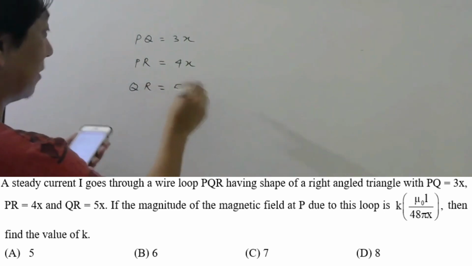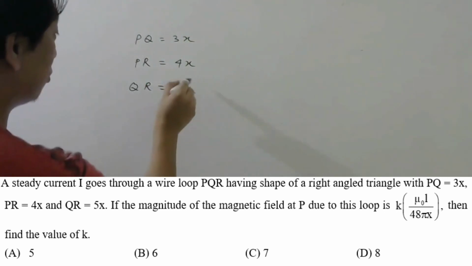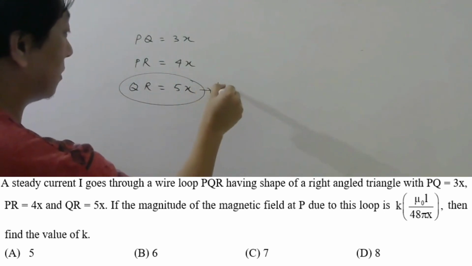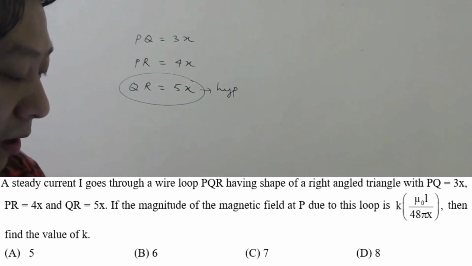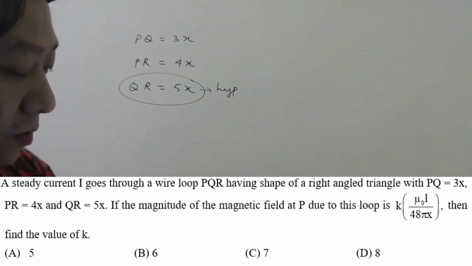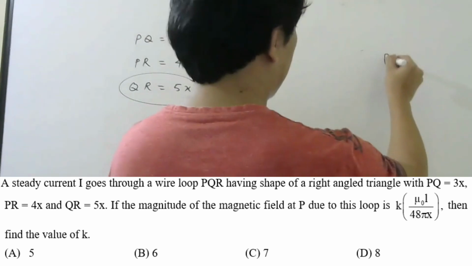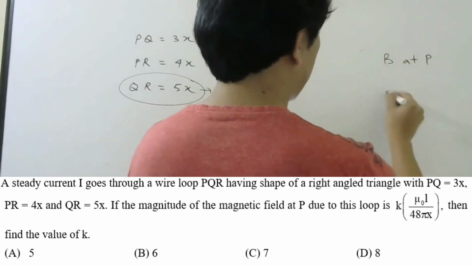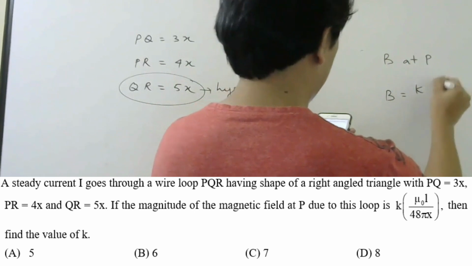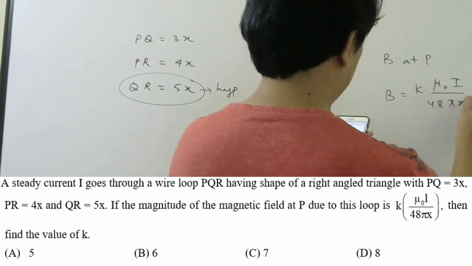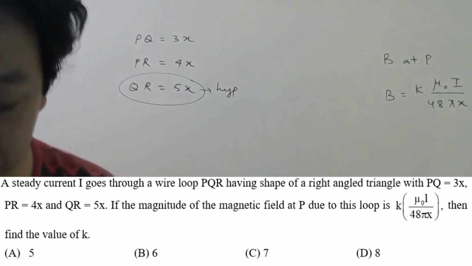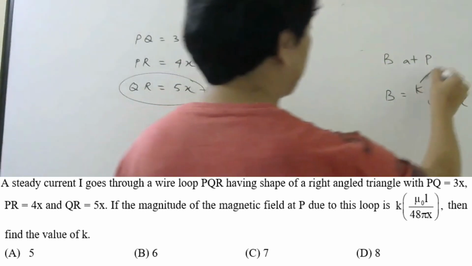So from this data it is very clear that this should be the hypotenuse of the right angle triangle. Now they want the magnetic field at P due to the loop, and they have given the answer as K into mu naught I by 48 pi x. We need to find the value of K. So this K we have to find.